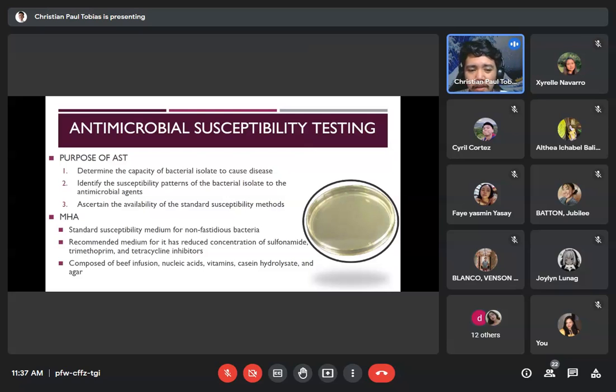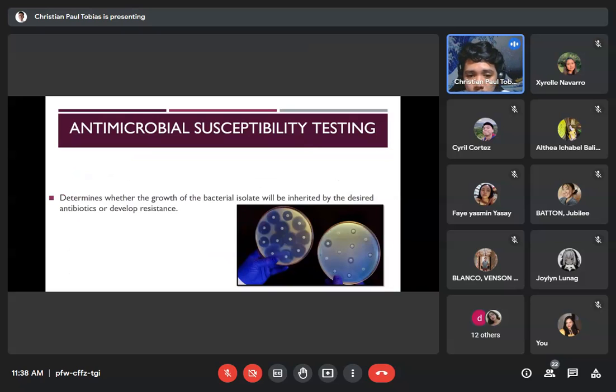In simple terms, when you perform AST, it is also a way to guide the antibiotic that clinicians recommend in the choice of drugs for treatment of certain infections.